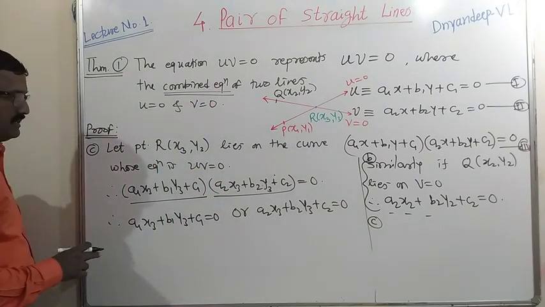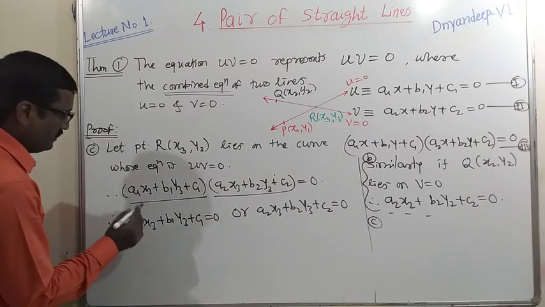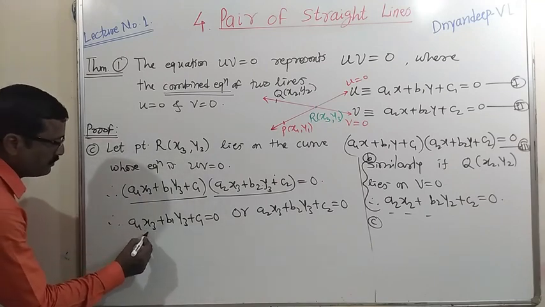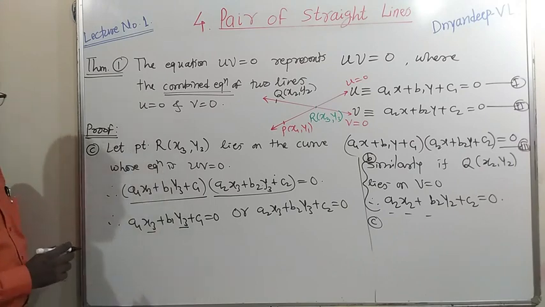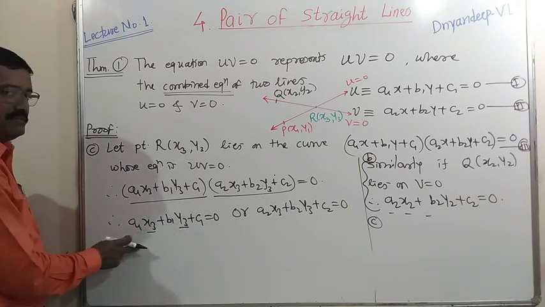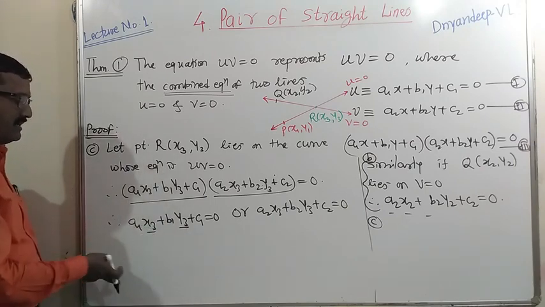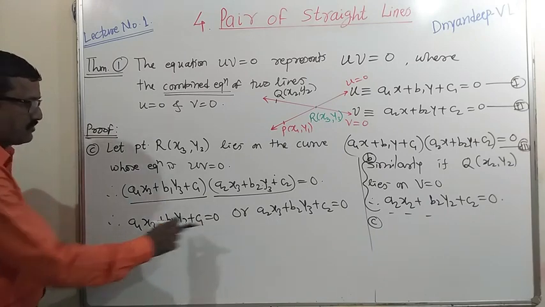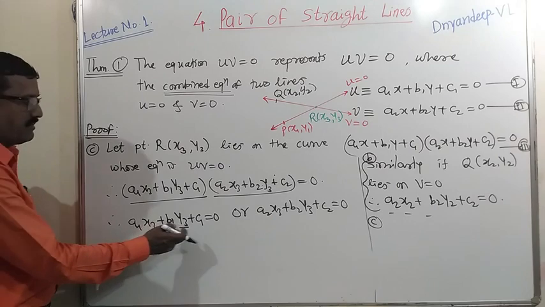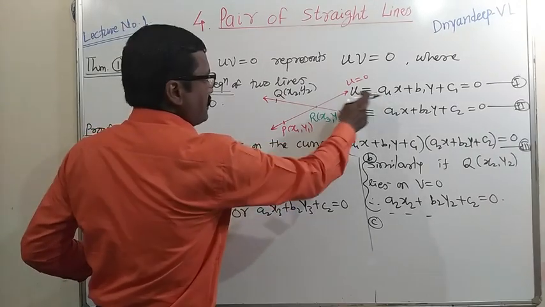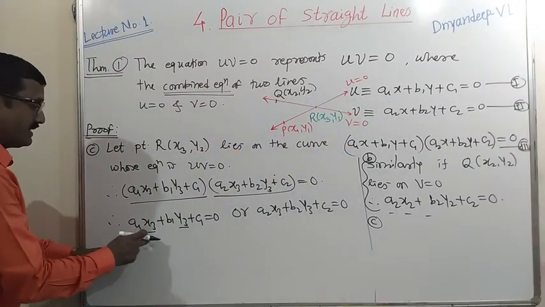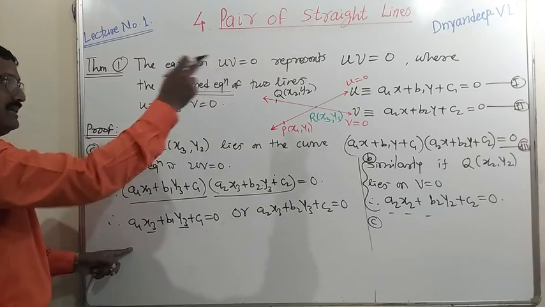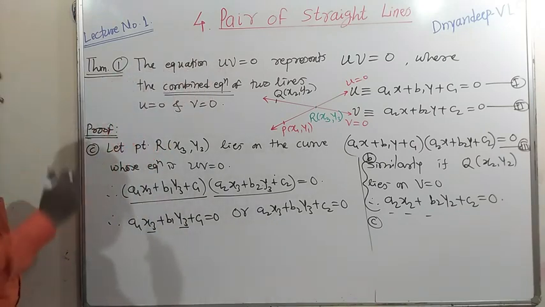But if we once again think geometrically, what is happening here? The point (x3, y3) satisfies this equation, which means this point lies on the line whose equation is a1 x + b1 y + c1 = 0. That is the equation of the first line, u = 0. So this point (x3, y3) lies on that line because it satisfies that equation.